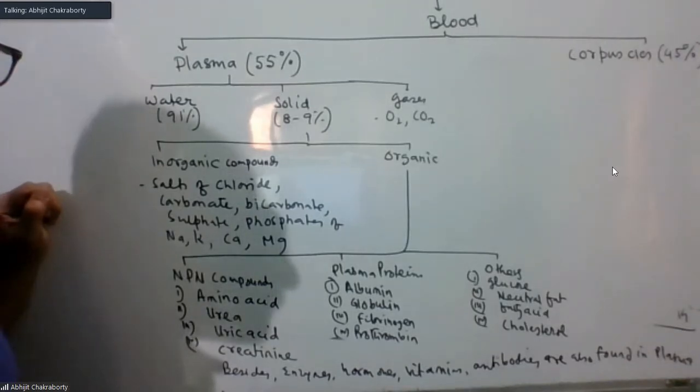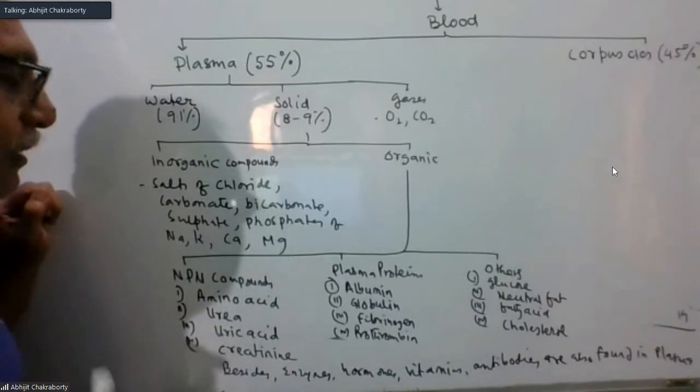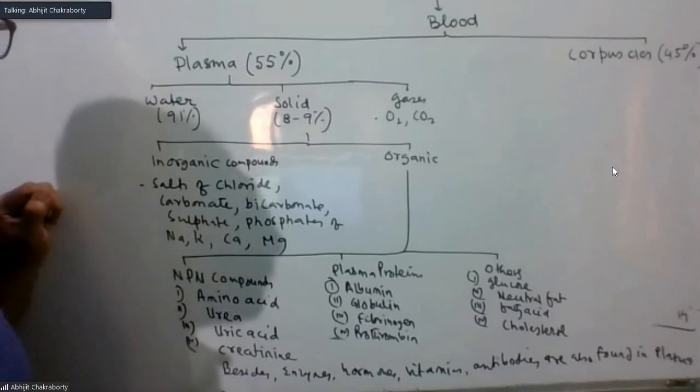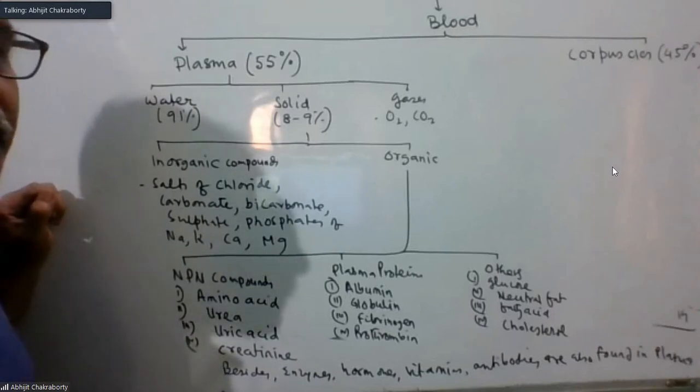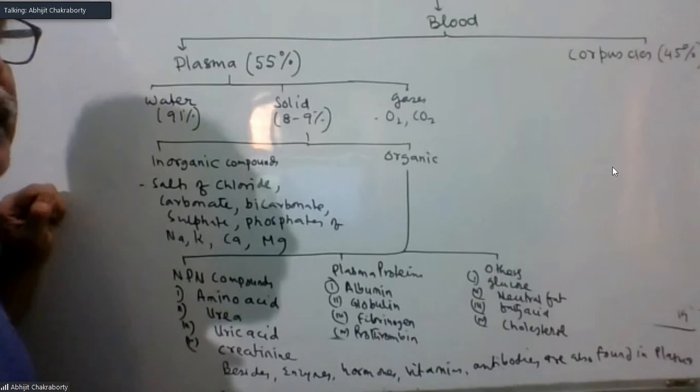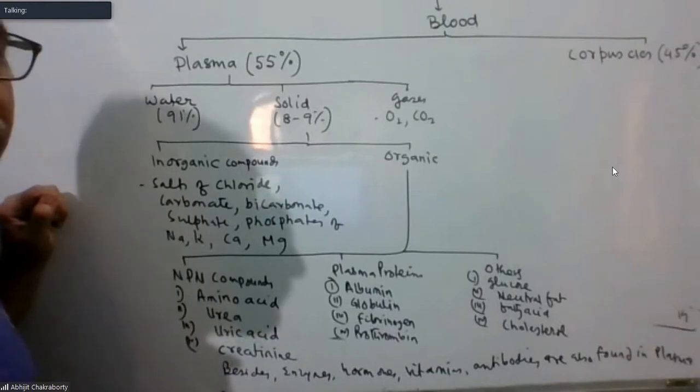Plasma part is clear? Yes, sir. Now, you have to remember a few things. I am discussing blood here, together, in detail, which is also there in unit 5. So I am not going to discuss blood again in unit 5.